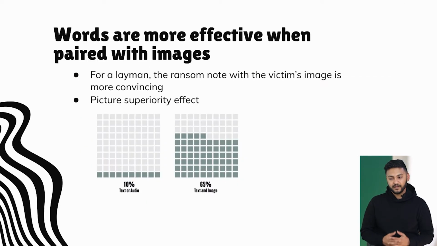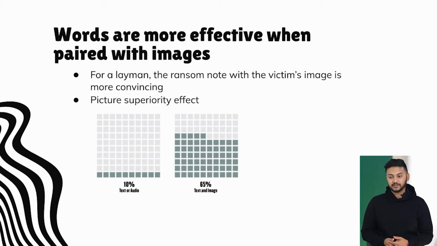Now, why is ransom note 2 more effective? One of the biggest reasons is because of the picture of the victim. There is a human psychological element involved here, which essentially states that humans tend to register data a lot more easily if that data contains words coupled with images versus data which only contains words.